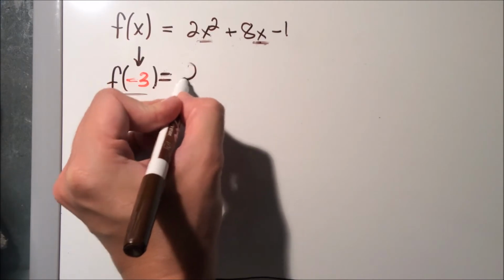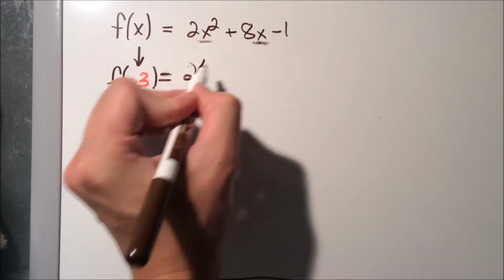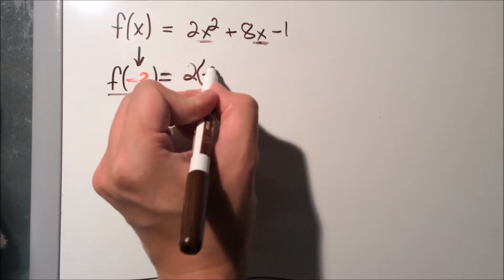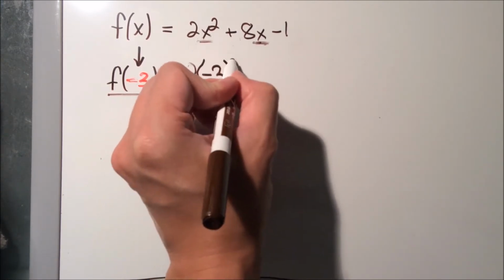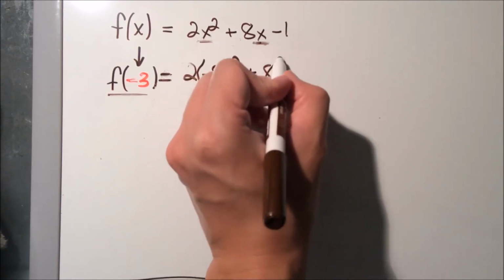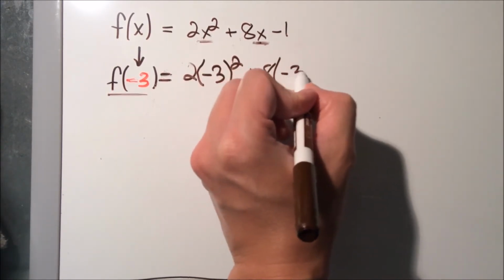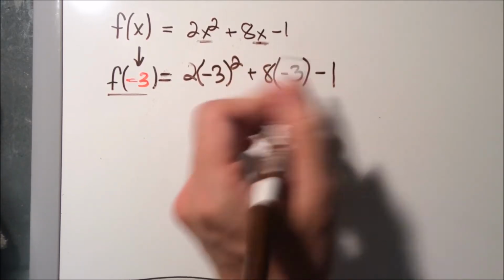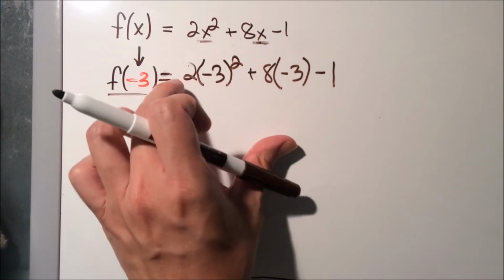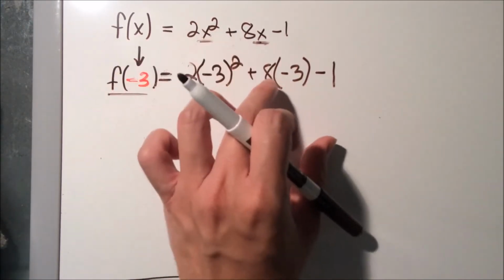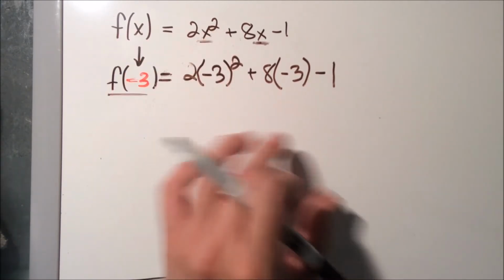So I'm going to bring down the 2, open parentheses, since it's multiplying, and we replace it with negative 3, close parenthesis, square, plus 8, open parenthesis, negative 3, close parenthesis, and I bring down the minus 1. So again, the only thing that changed was the x being replaced with negative 3. The 2, the 8, the minus 1, and the square stay the same.